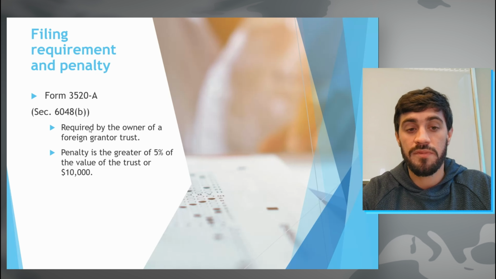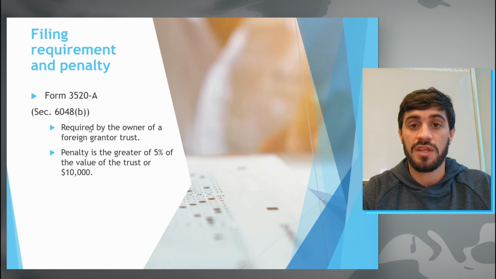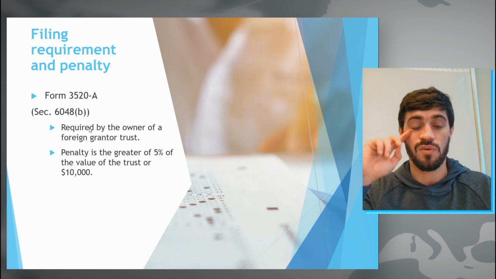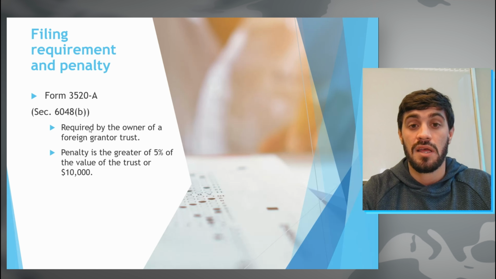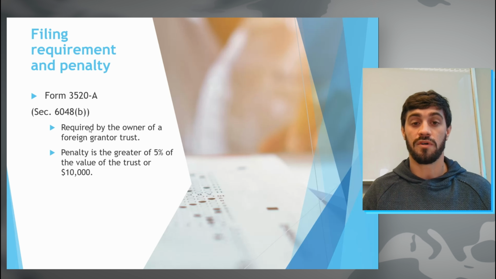So in general, the Form 3520A is required to be filed where you have a U.S. owner of a foreign grantor trust. A foreign grantor trust is a big topic with a lot of little definitions associated with it. But in general, there are two different types that we're going to talk about. One is an actual trust. So if you set up, say, a family trust outside the U.S. and it has a U.S. owner that contributed assets.